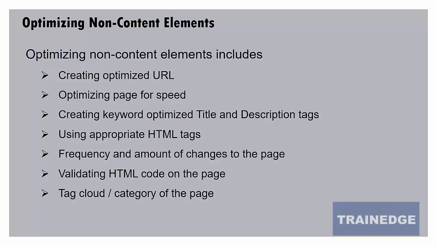Some publishing platforms like WordPress allow users to add tags and categories for pages, and those also act as relevancy signals. The page layout itself needs to be user friendly, so a user can read or follow the content on the page easily.